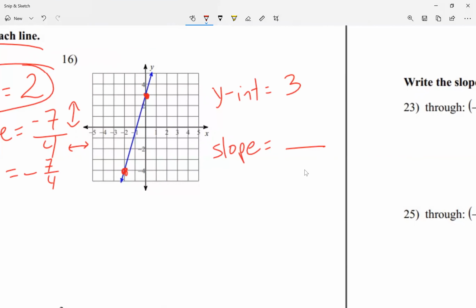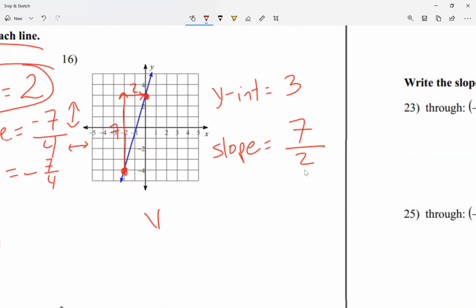I'm going to write it as a fraction to begin with. I want to travel from the one on the left to the one on the right. So I'm going to go up 7, positive because I went up 7, and then I go 2 to the right. So my slope is 7/2.